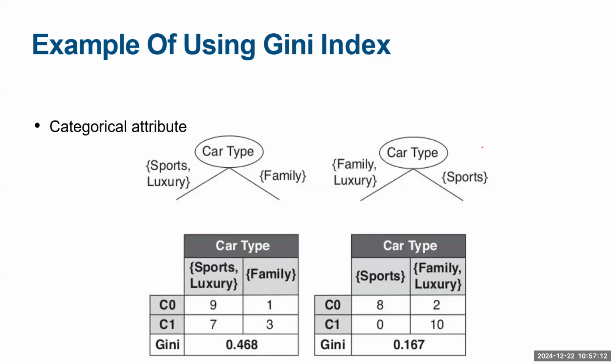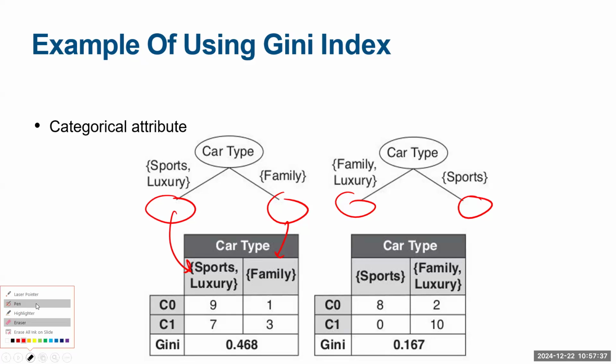You can also do the same with categorical attributes. You only need to compute the Gini index of the class of the student, and then you just pick the one with the lower Gini value.